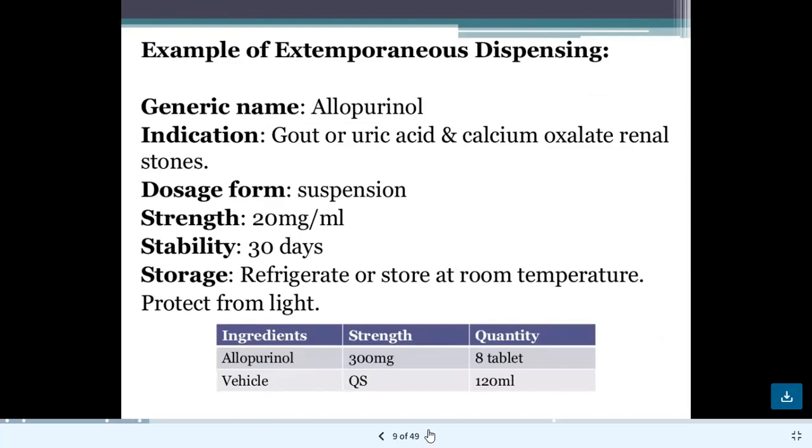Example of extemporaneous dispensing. Generic name: allopurinol. Indication: gout or uric acid and calcium oxalate renal stone.